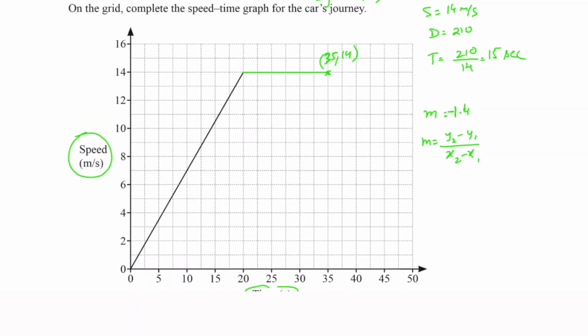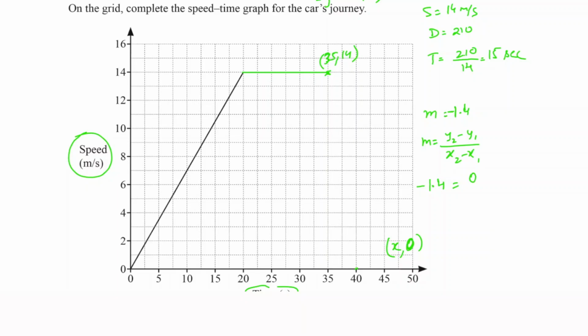So let's take the values. The m is minus 1.4, and y2 will definitely be 0, because any coordinate will be lying over here. The value of x, I'll take as x. Wherever it can come, right here or here, I am taking it as x, and y as 0.